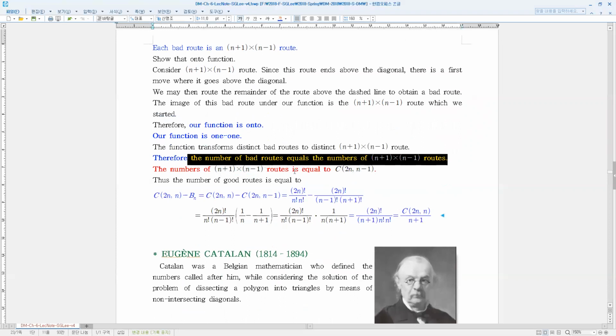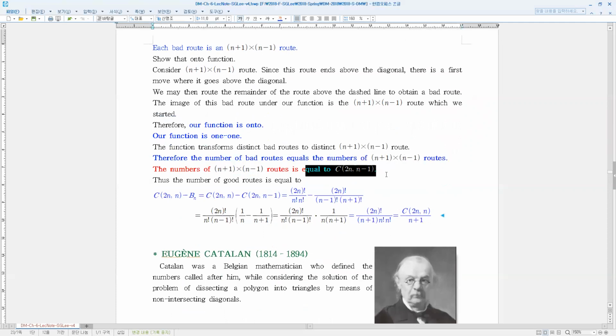This number is the same as 2n choose n minus 1.